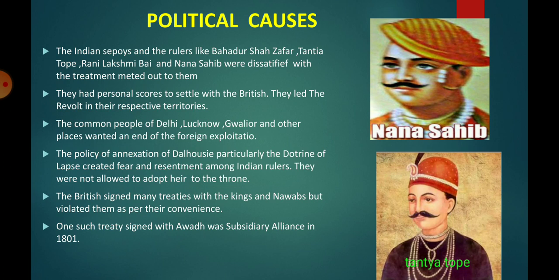And the policy ensured that those kingdoms where the kings did not have a natural heir would be taken over by the British after the demise of the king. Demise means death. It is believed that if the British had not snapped the compensation that kings were paid earlier in return of a share in government, the kings would not have joined this revolt.